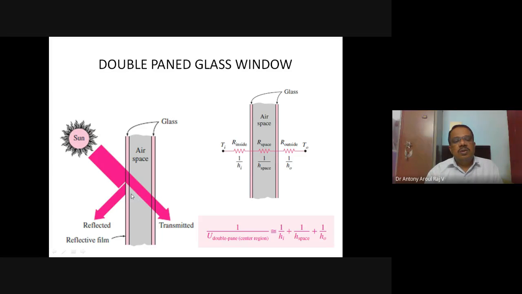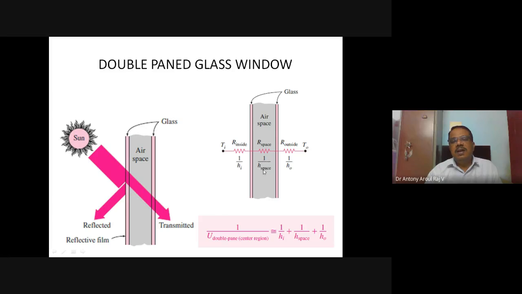Here it is shown. First I am putting a reflective film, then I have a double glass with the airspace in between. In a double paned glass, the property U is calculated by 1 by HI plus 1 by HO, because we have air as the fluid inside. Now I cannot calculate L by K, so I have to calculate a convection coefficient again. The resistance is 1 divided by H space.